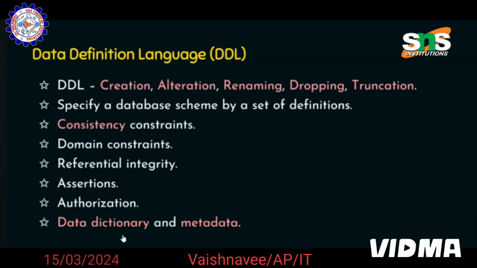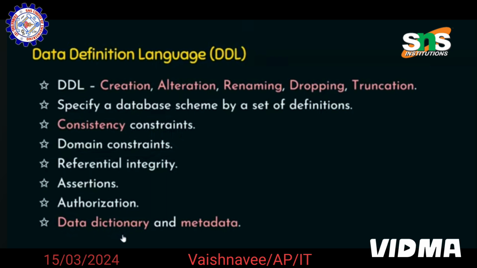Dropping a table means deleting all the data present in the table, including the structure, the schema of a table. Truncation means it's going to delete all the data present in the table, but the schema, the structure, remains. Drop deletes everything, whereas truncate deletes only all the data present in the table, but the table structure exists, the schema will persist, but it will remove all the data present in the table.